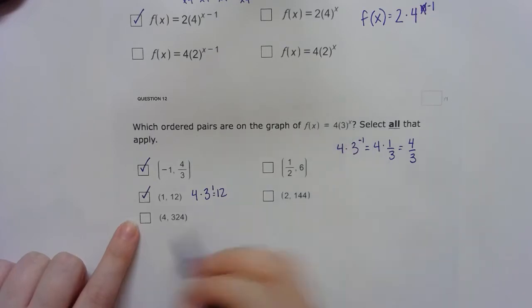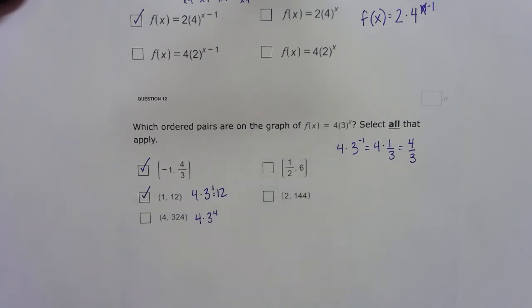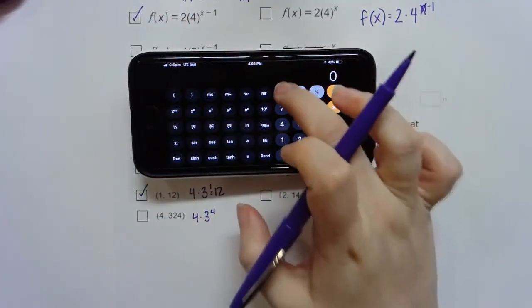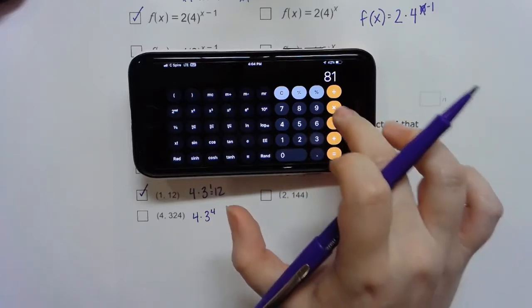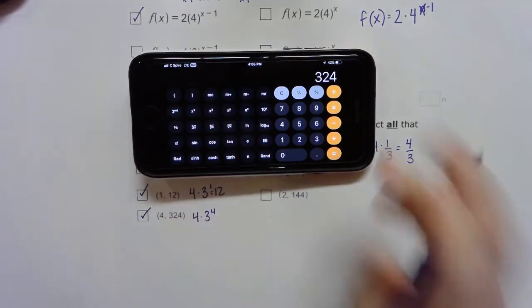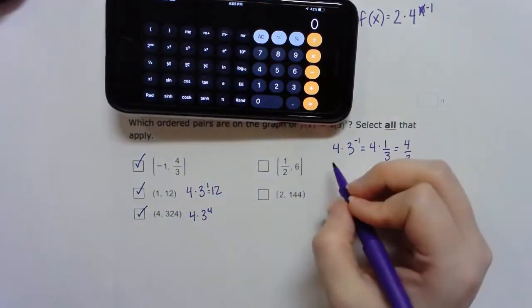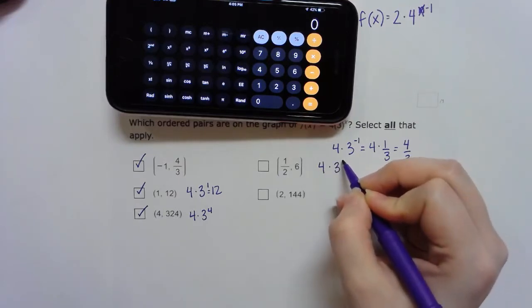4 times 3 to the fourth. So I can say 3 to the fourth gives me 81 times 4 is 324. So that one would be on the graph as well. 4 times 3 to the 1/2.